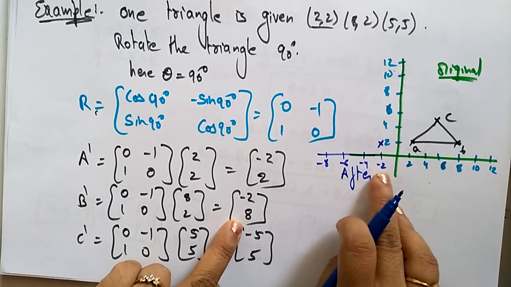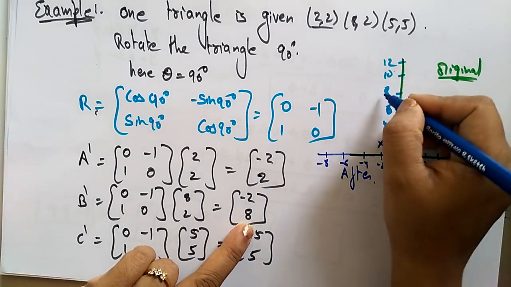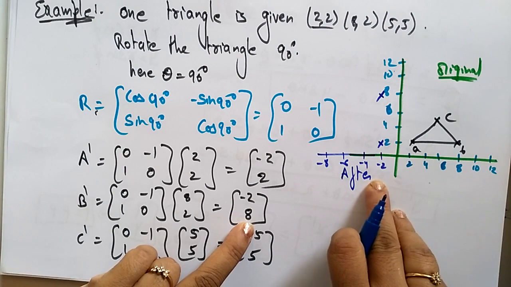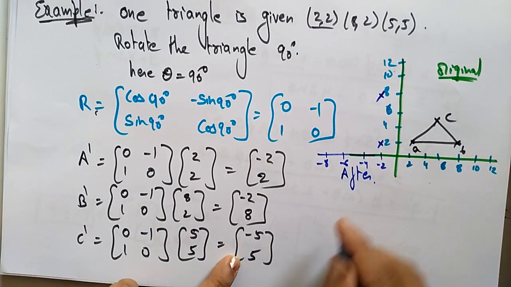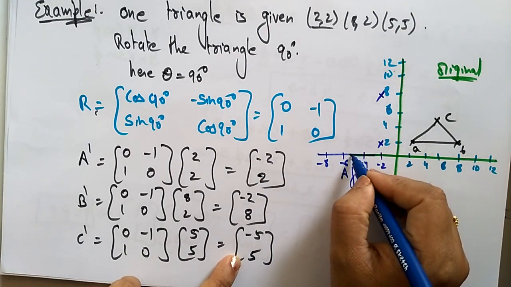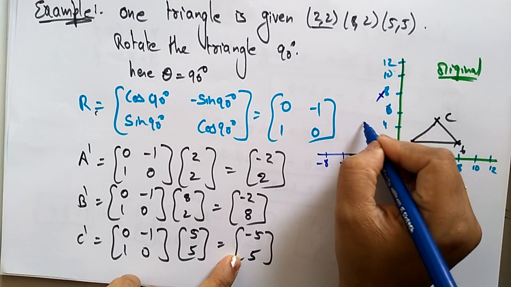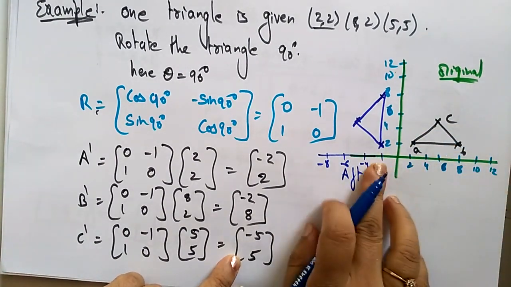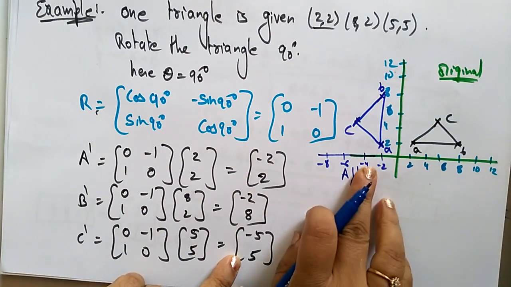And B, x is minus 2 and y is 8, means somewhere here. And coming to C, minus 5 is somewhere here and the 5 is here. So this is after rotation. This is the A value, this is the B value and this is the C value.